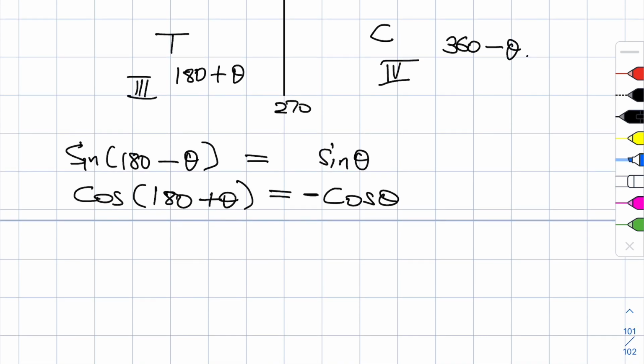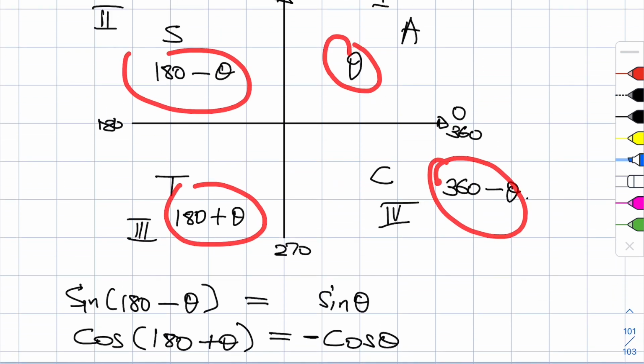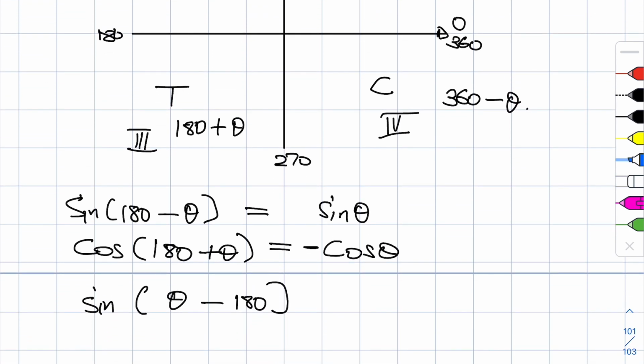Let's look at another one. Let's say now you are given sine theta minus 180 degrees. Now we know that theta minus 180 degrees is not in standard form. We don't get theta minus 180 in any of these quadrants. So that's where we have to use the negative angles.